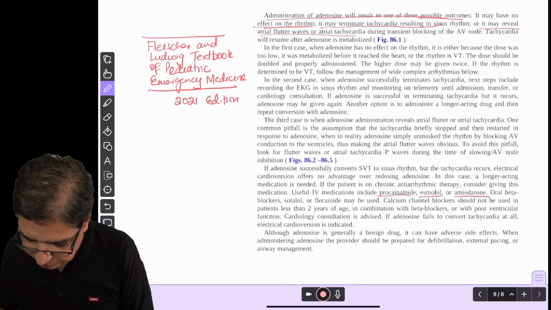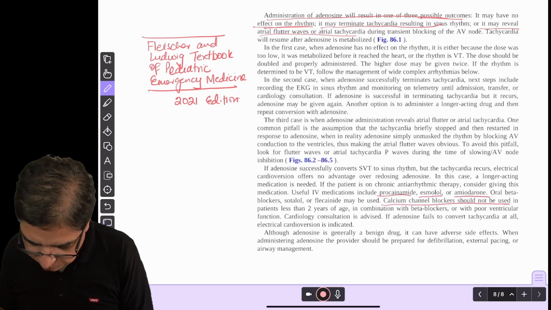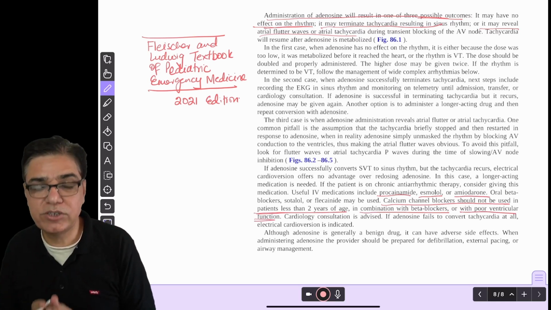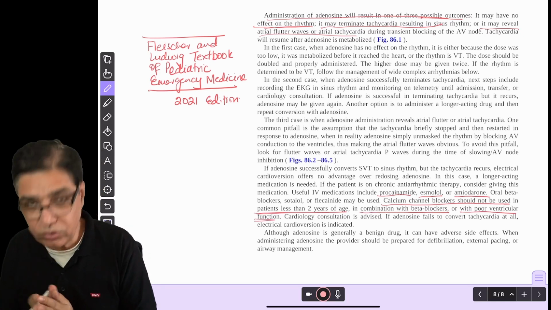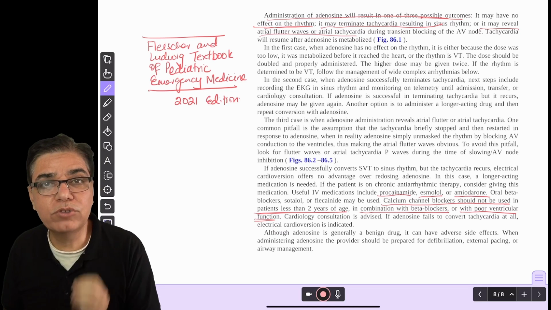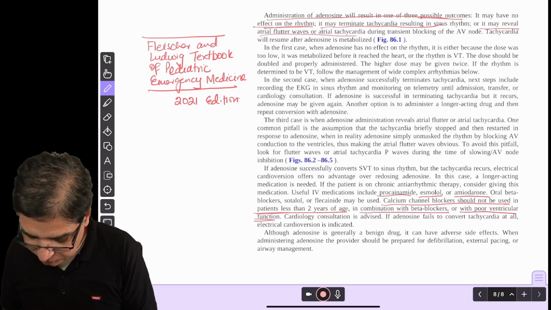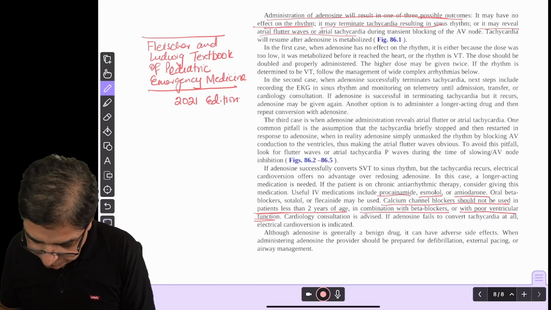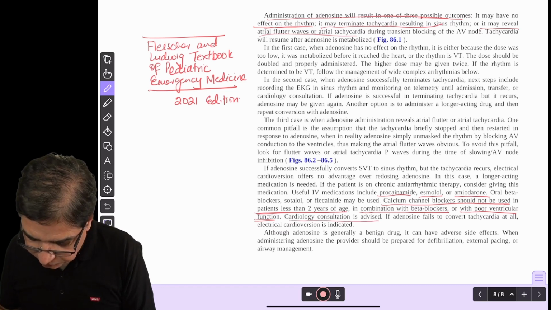They say calcium channel blockers should not be used in patients less than 2 years of age, or in combination with beta blockers, or in those who have poor ventricular function. So if the left ventricular function is compromised, the child is less than 2 years of age, or you've already used a beta blocker, don't use calcium channel blockers, because that can worsen the condition. And it says cardiology consultation is advised.